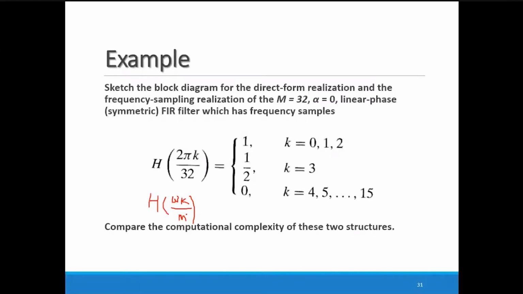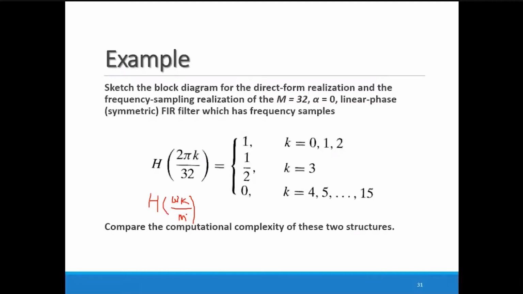Okay, since the filter is symmetric, we exploit this symmetry and thus reduce the number of multiplications per output point by a factor of 2, from 32 to 16, in the direct form realization. As mentioned, the filter is symmetric or linear phase.